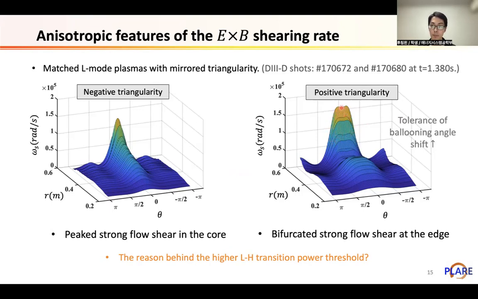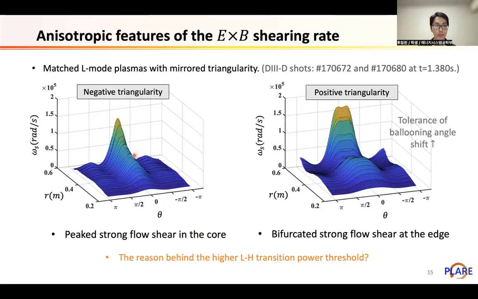From this peak, we can also get some indication that the bifurcation is not always accompanied by the reduction of amplitude. So as a result, its tolerance to the ballooning angle shift could be higher. That could facilitate the shearing of turbulence. So this could be a reason for the higher transition power threshold in NT plasma.